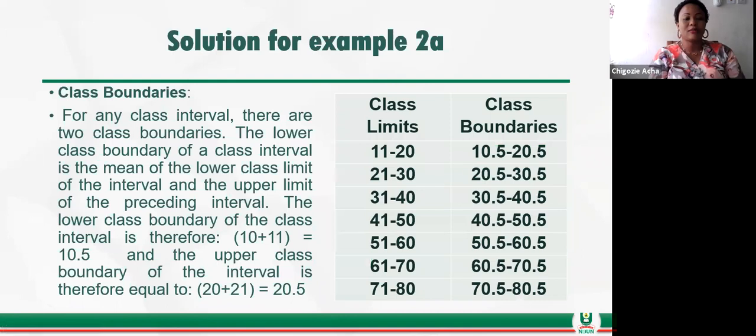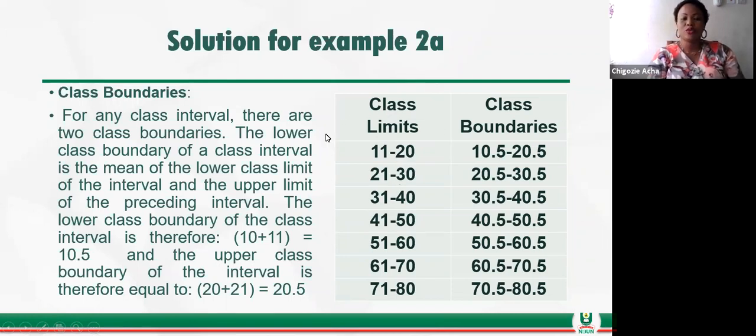Let's look at class boundaries from the same example. For any class interval, there are two class boundaries, the lower class boundary and the upper class boundary. Let me illustrate with this table.